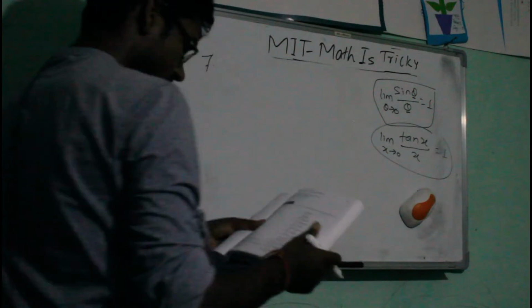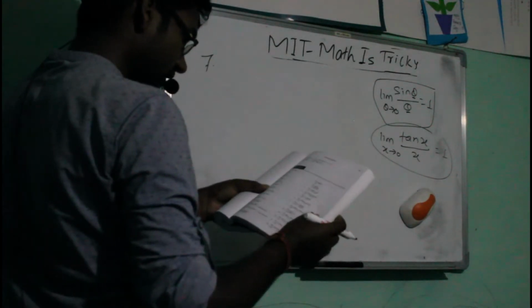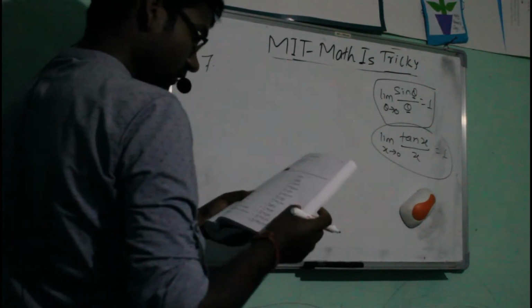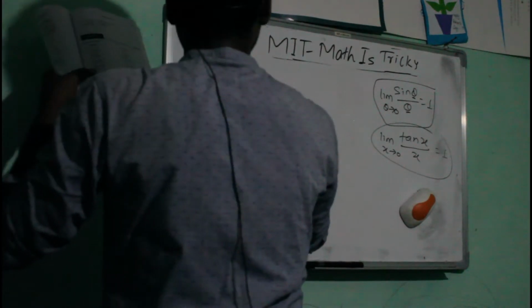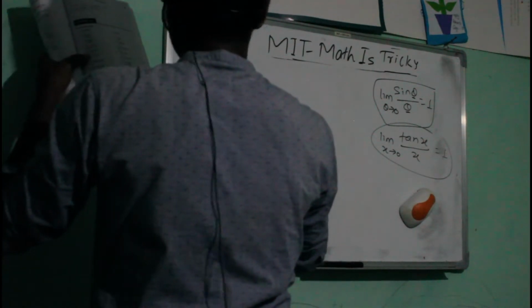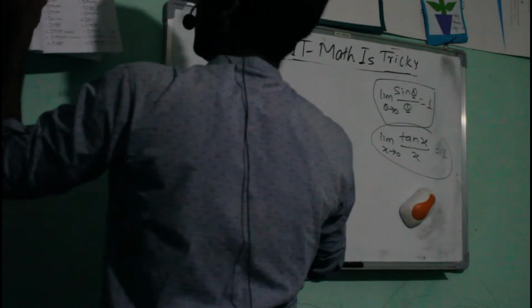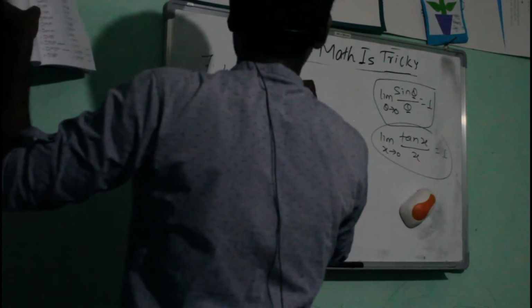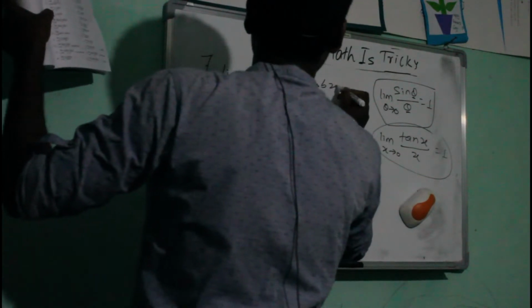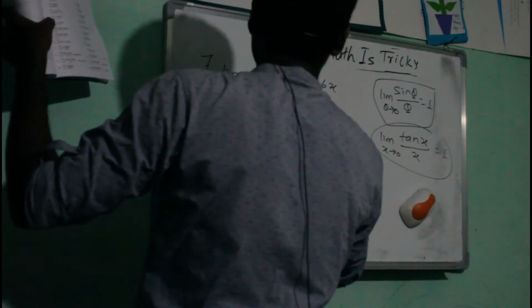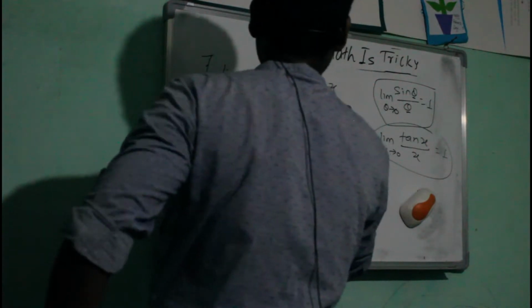Question number 7. Question is like this: limit x tends to 0, sine ax cos bx by sine cx.